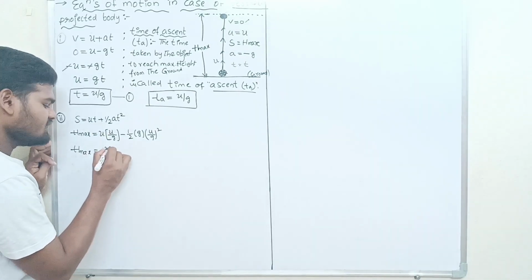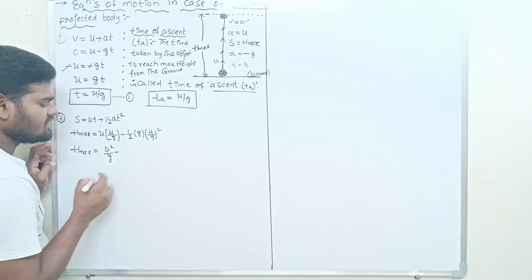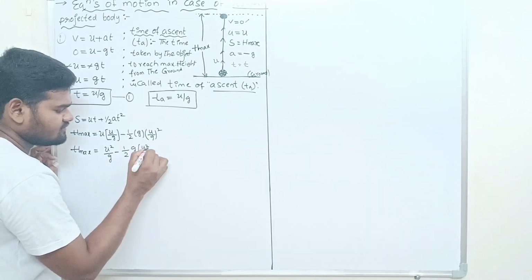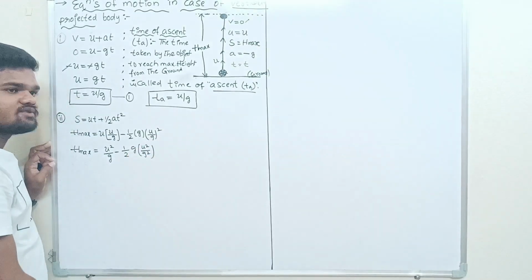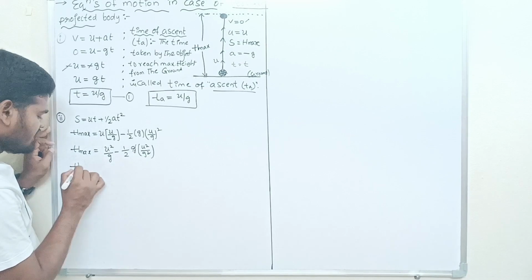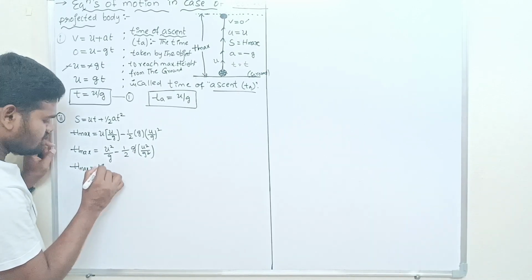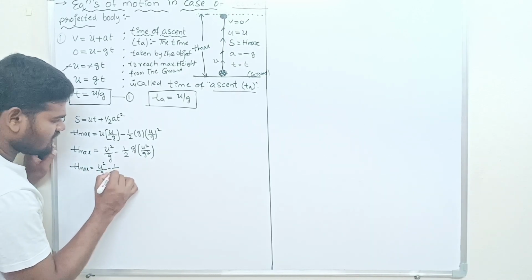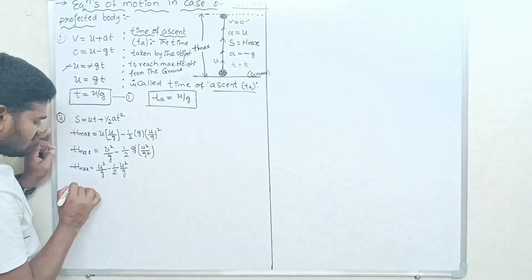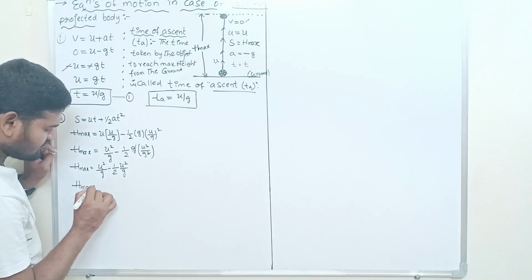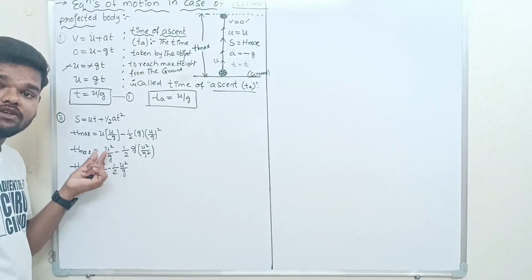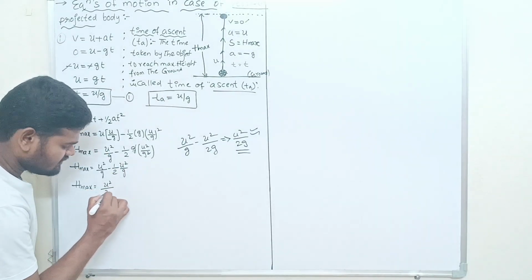That gives u squared by g minus half g times u squared by g squared. So g cancels out and we get h maximum = u squared by g minus half u squared by g, which equals u squared by 2g.